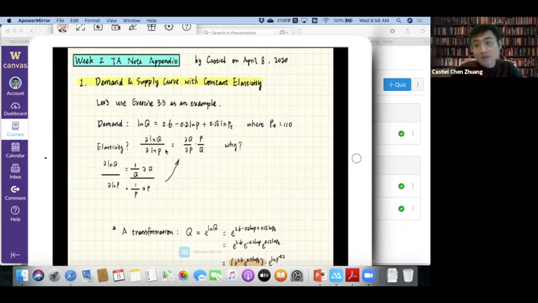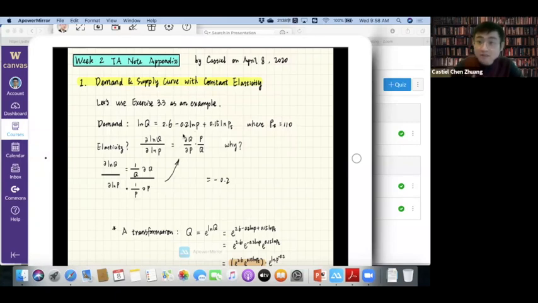We just treat log Q as something and log P as another thing, and then we take the derivative of the function with respect to the variable. And then we instantly get negative 0.2. So by doing this, you will get negative 0.2, and this will be the elasticity of demand for this demand function. And it's a constant, right?